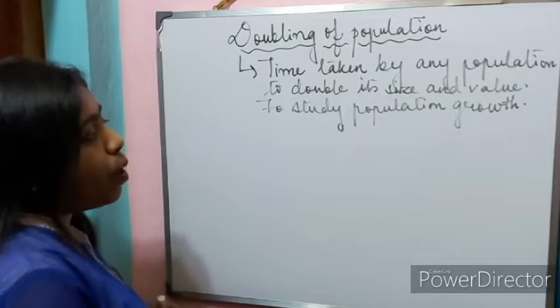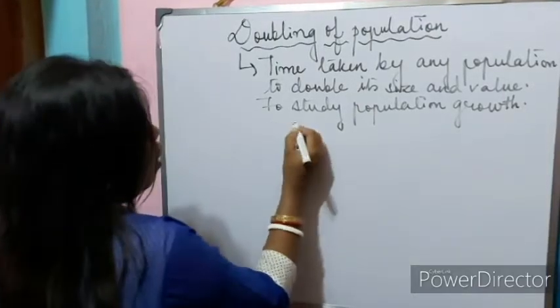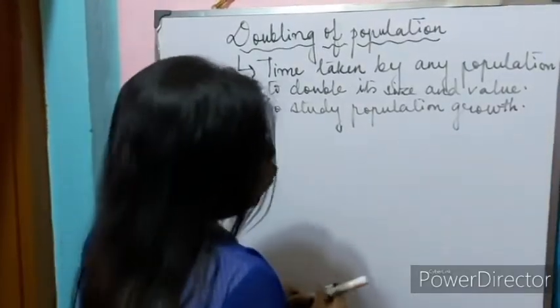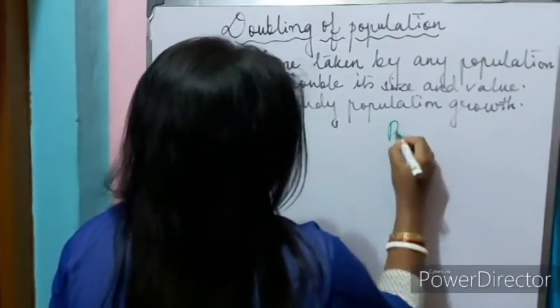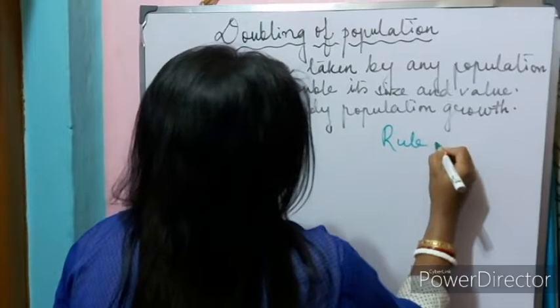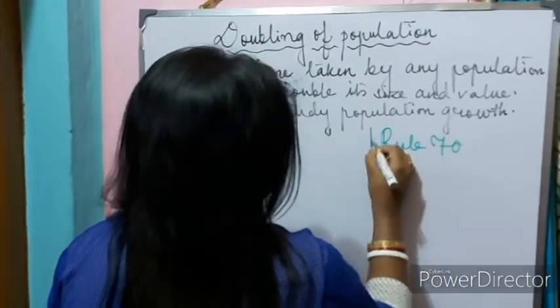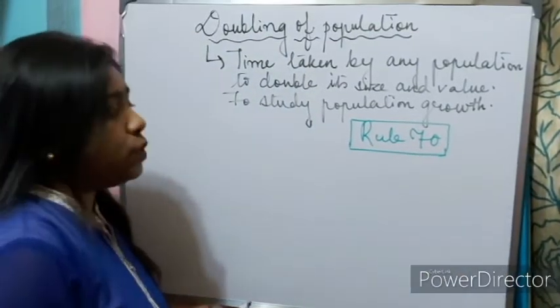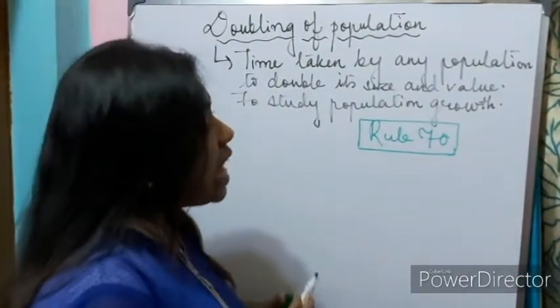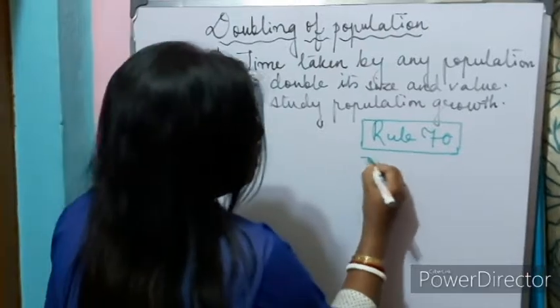Now, this doubling of population can be easily calculated by following a rule, that is Rule 70. How can we calculate how much time a country will take to double its population?